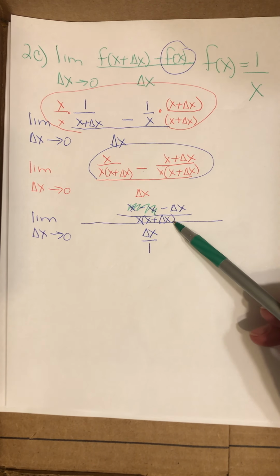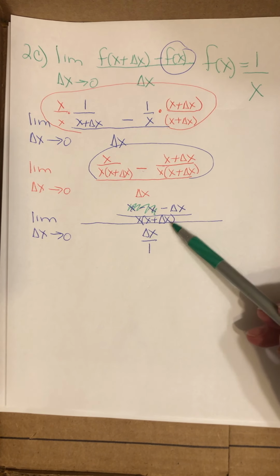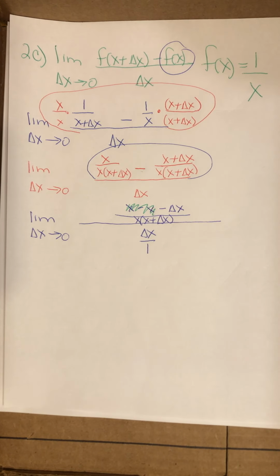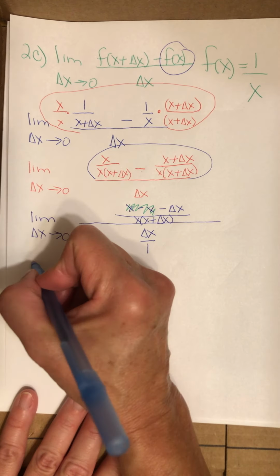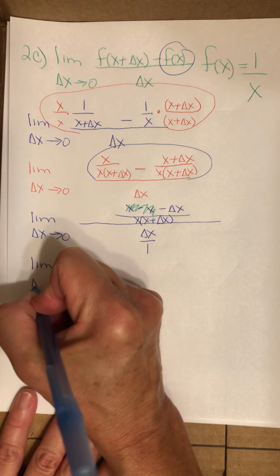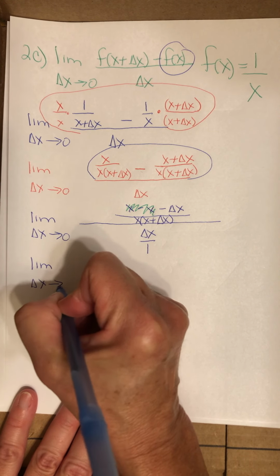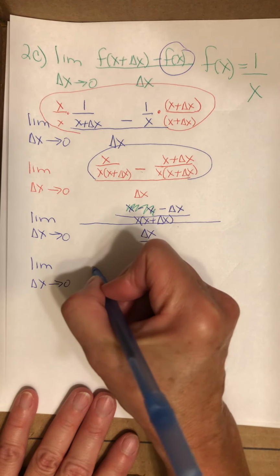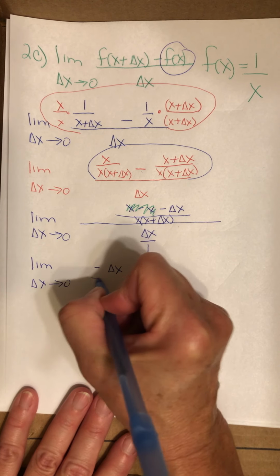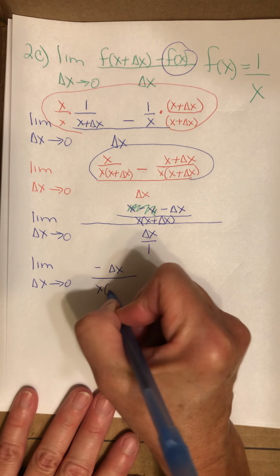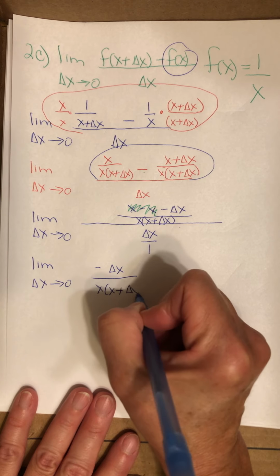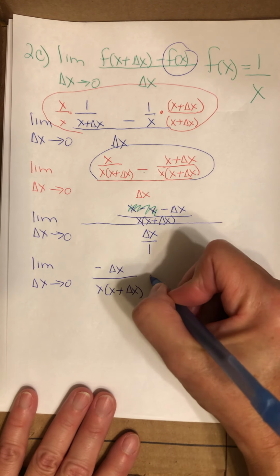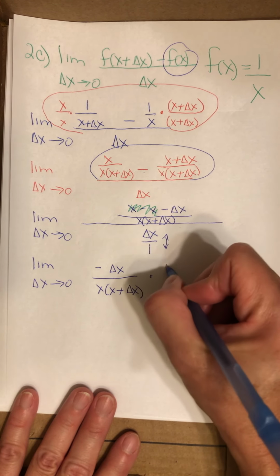I have one fraction divided by another. Let's go ahead. We know what to do when we have one fraction divided by another. We keep the first fraction. Here we go. And we multiply by the reciprocal.